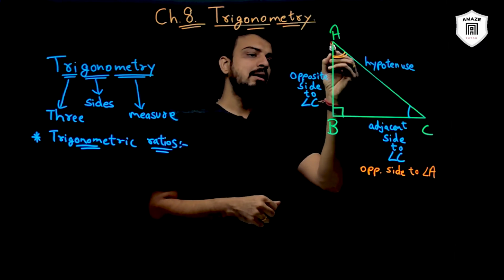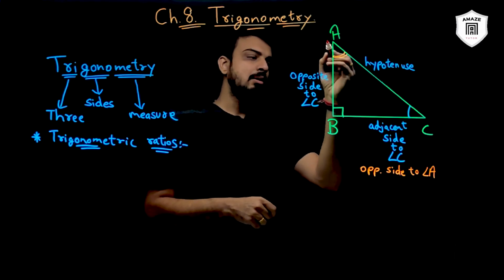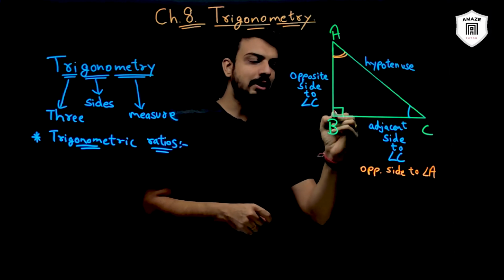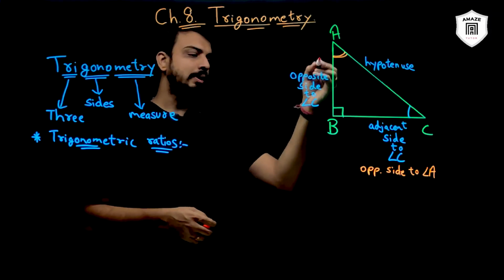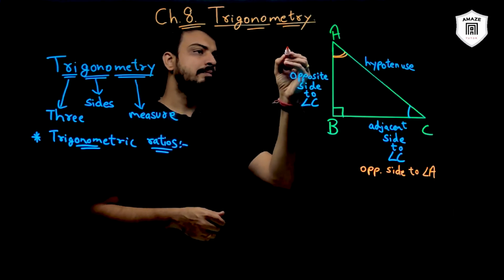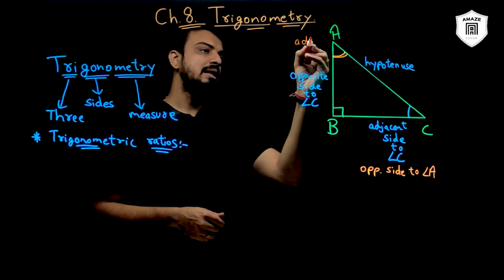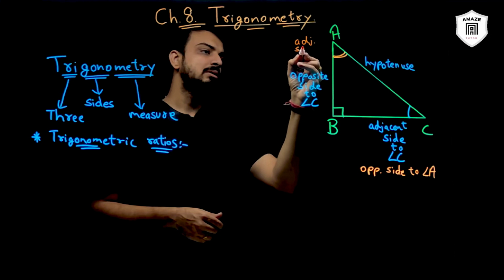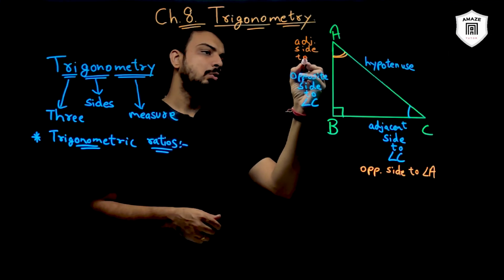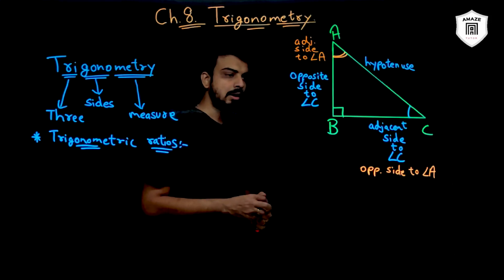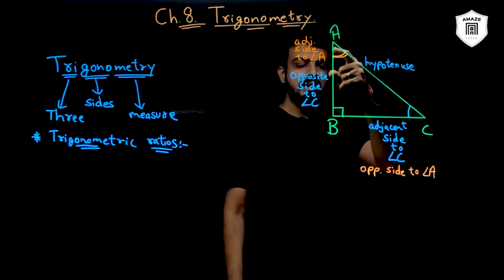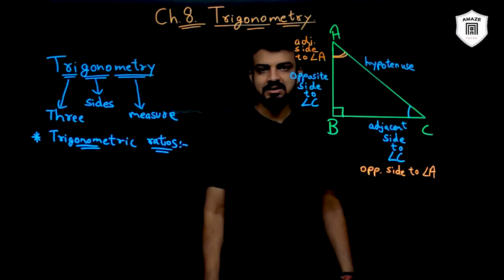There are two sides adjacent, but AC is the hypotenuse, so we call AB the adjacent side to angle A. So for angle A, BC is the opposite side and AB is the adjacent side.